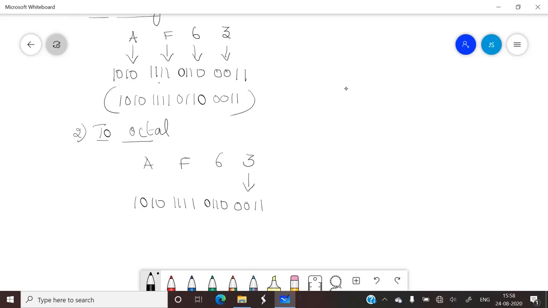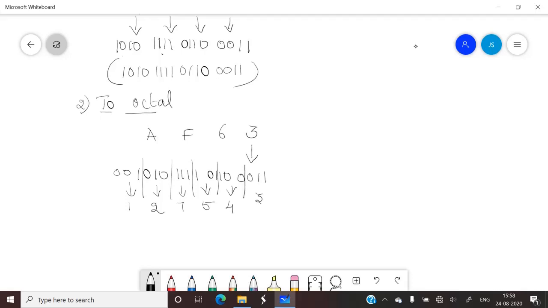Now as we need the resultant octal number and we use 3 binary bits to represent octal, we will divide it into 3 bits: 011, 100, 101, 111, 010, 001. 011 is equivalent to 3 in octal and 100 is equal to 4, 101 is equivalent to 5, 111 is 7, 010 is 2, 001 is 1.